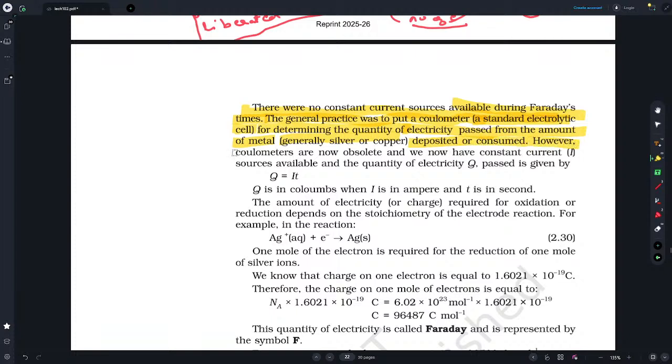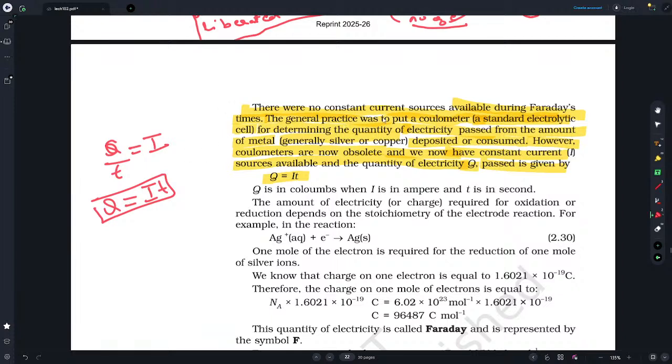However, coulometers are now obsolete, and we now have constant current sources available. The quantity of electricity Q passed is given by Q equals I T, which comes from the equation Q by T equals current, the definition that current is the flow of charge per unit time. Q here will be I T.